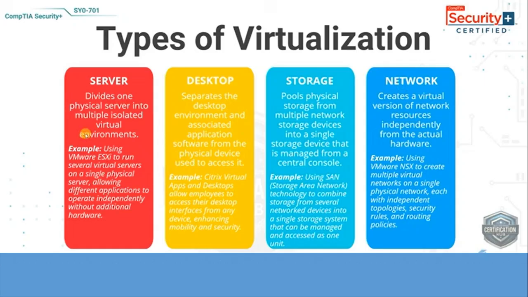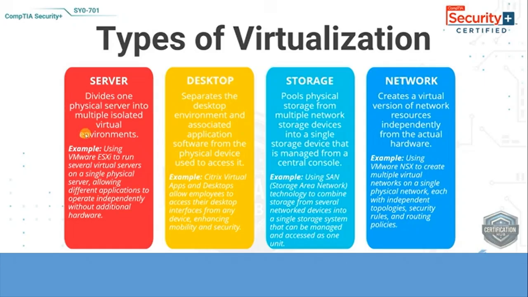Server virtualization basically divides one physical server into multiple isolated virtual environments. Desktop virtualization separates the desktop environment and the associated application software from the physical device used to access it. Storage virtualization pools physical storage from multiple network storage devices into a single storage device that is managed from a central console.